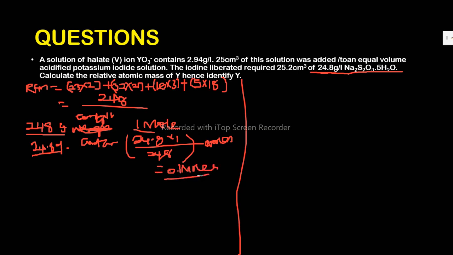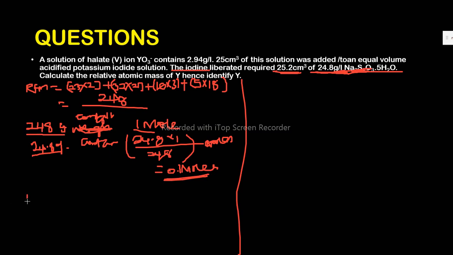So meaning the concentration of this solution is 0.1 molar because they dissolved 24.8 grams in a liter. But of the whole of this solution, the liberated iodine required just 25.2 centimeters cubed.